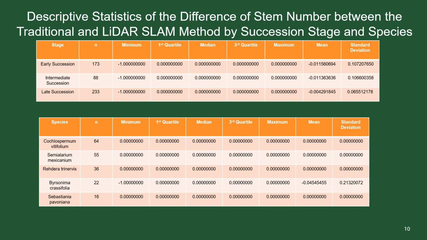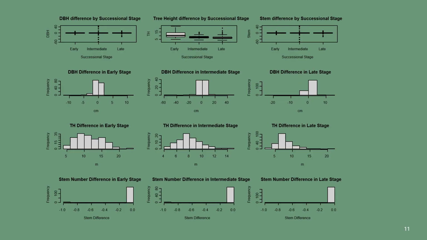And for stem number, we find that the LiDAR SLAM method is accurate in every aspect, whether it's succession stage or the species. And here are the box plots and distributions of our metrics by successional stage.